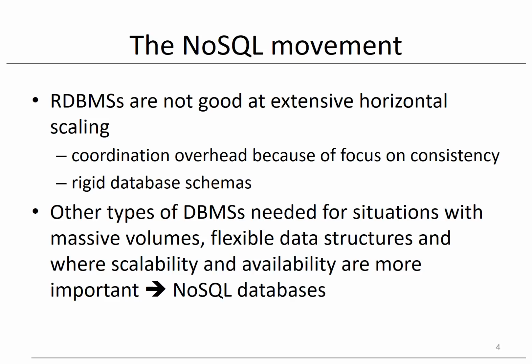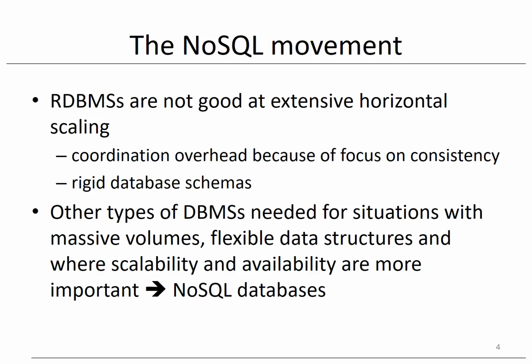RDBMSs are not really good at extensive horizontal scaling. Indeed, their approach towards transaction management and their urge to keep data consistent at all times induces a large coordination overhead as the number of nodes increases. Furthermore, their rigid database schemes make them unsuitable in big data settings, which often include semi-structured or volatile data.